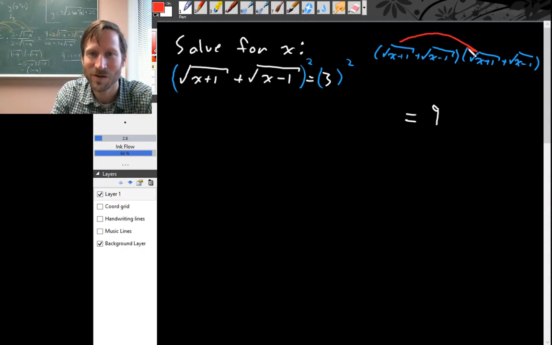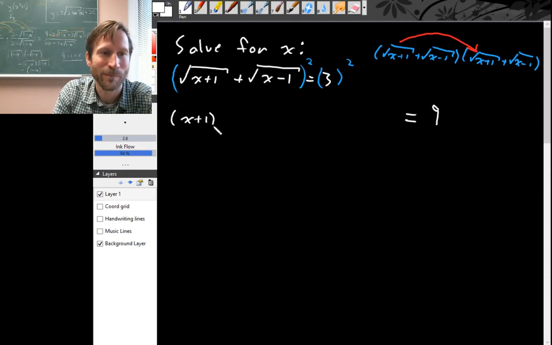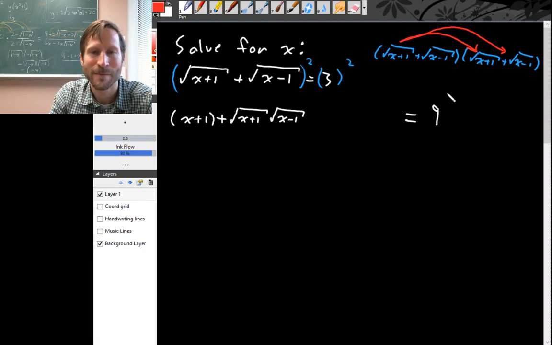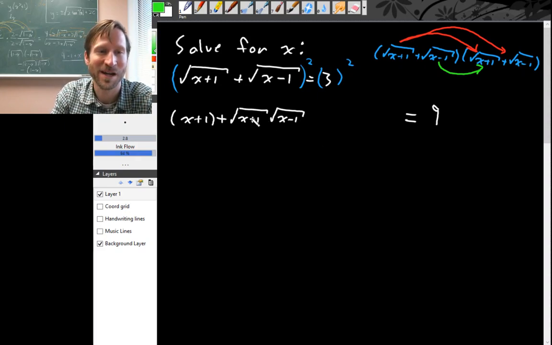To multiply this all out, this is going to take a lot of distributing. Square root of x plus 1 times square root of x plus 1, that's x plus 1. Square root of x plus 1 times square root of x minus 1, that's plus the square root of x plus 1 times square root of x minus 1. And then square root of x minus 1 times square root of x plus 1 is another copy of this term, so let's just put a 2 in front of that.